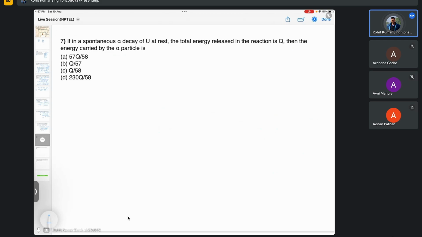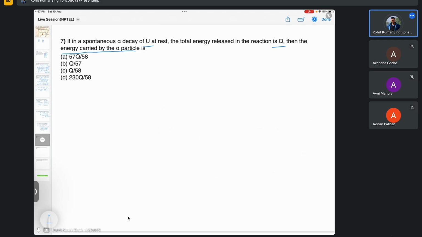So here the question is, if in a spontaneous alpha decay of uranium at rest, the total energy released in the reaction is Q, then the energy carried by the alpha particle is?